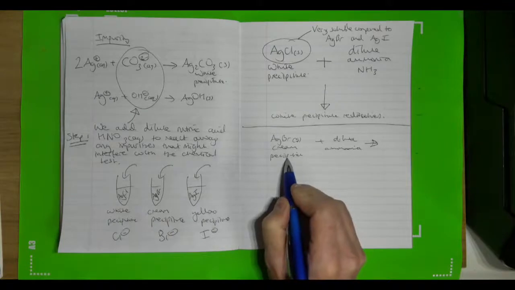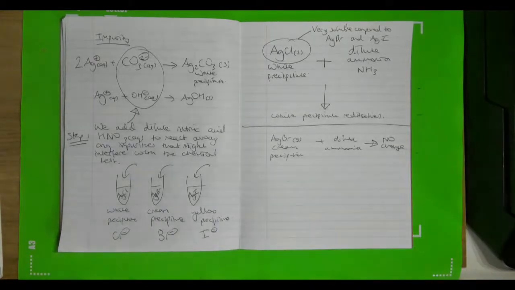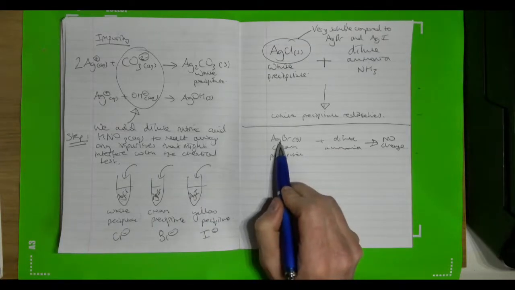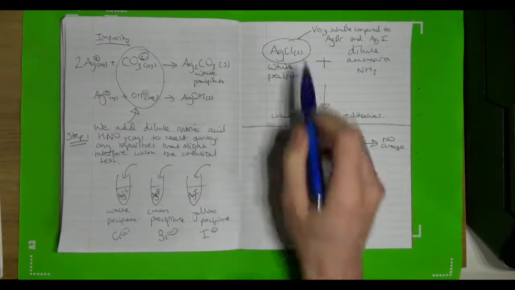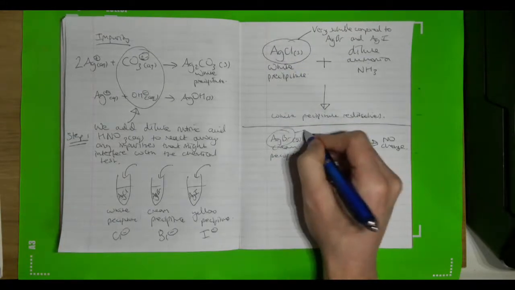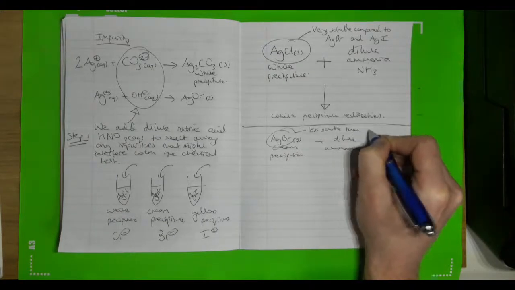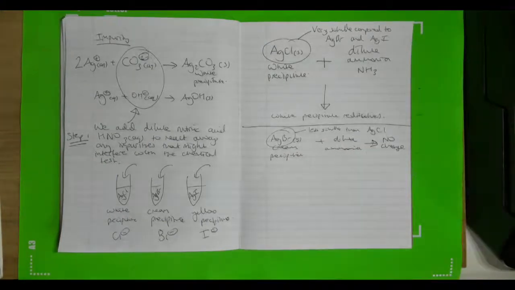You'd still have a cream precipitate. There'd be no change. And that's because silver bromide is less soluble than AgCl. So AgBr is less soluble than AgCl.